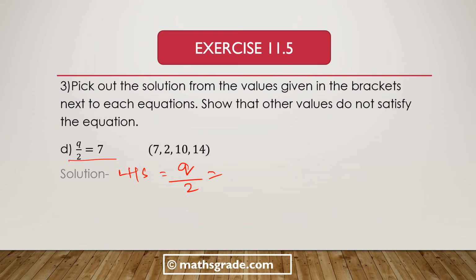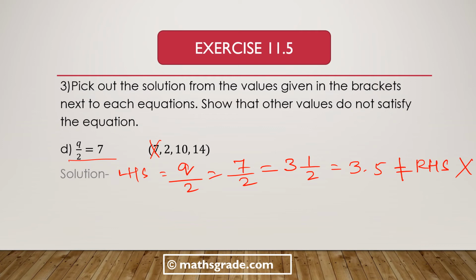Substitute q is 7. Now it becomes 7 divided by 2, and 7 divided by 2 is 3 and a half or 3.5. So this is not equal to the right hand side, that is 7. So this is not the solution for the given equation. Q equal to 7 is not the solution for the given equation q divided by 2 equal to 7.